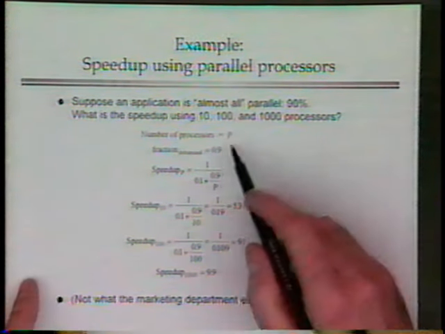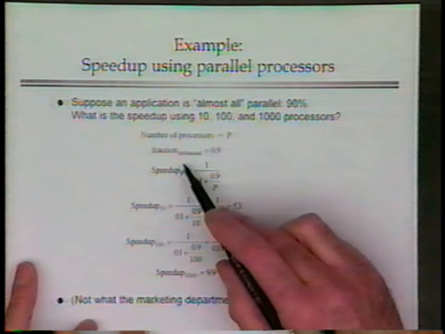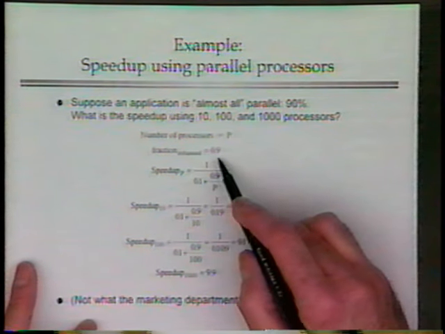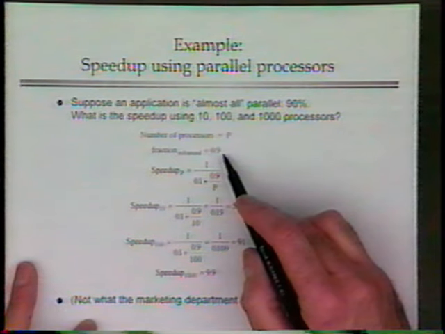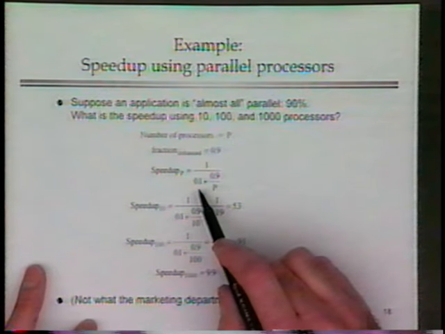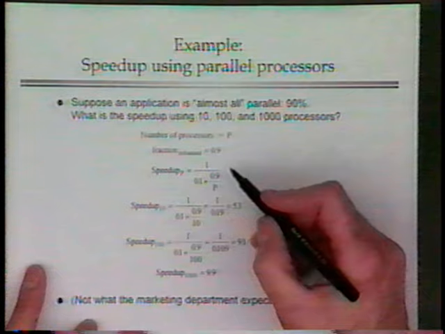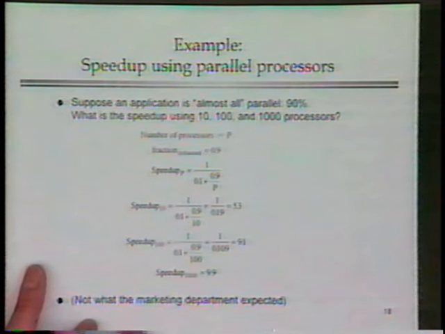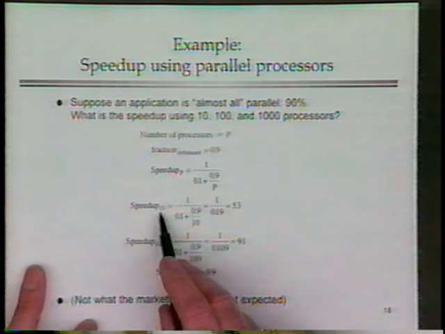Well, let's see if we do. Let's say that we're using P processors. The fraction of the time that we're going to enhance the execution during which the parallel processors will be used is 0.9. So the speedup is 1 over 0.1, which is the part left over, not being parallelized, plus 0.9 over P, which is the part that's being sped up. Well, run through the calculation.